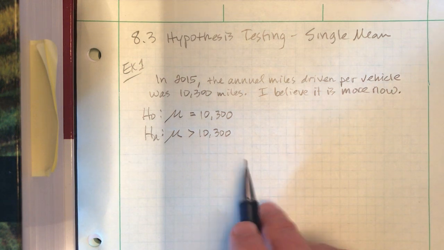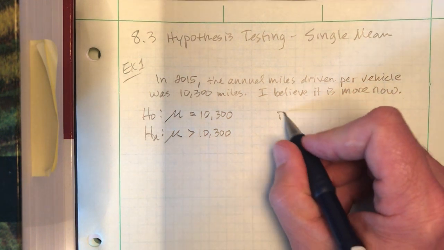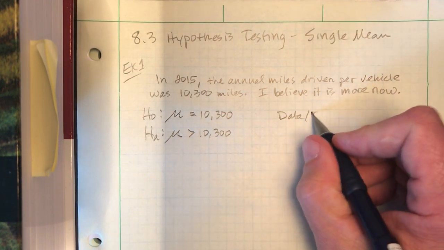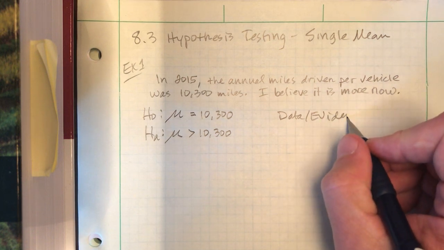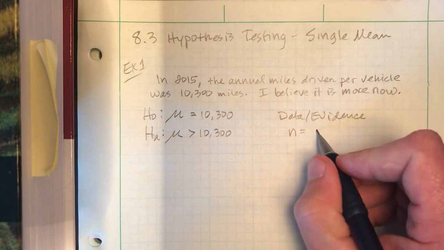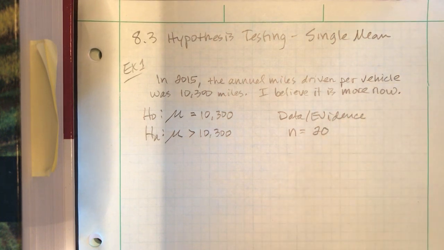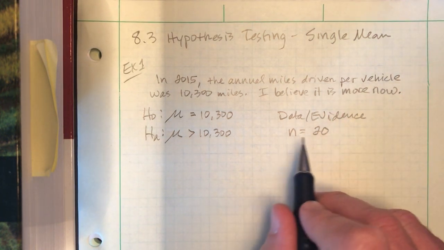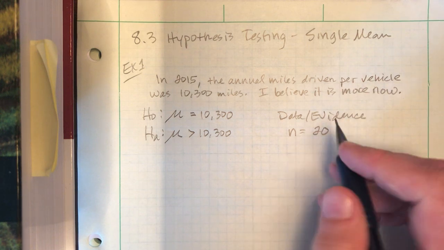Well, the second thing we need is some data. We need some evidence, and this will propel us forward. So I'm going to give you some numbers. Let's say a sample of 20 randomly selected cars were looked at.